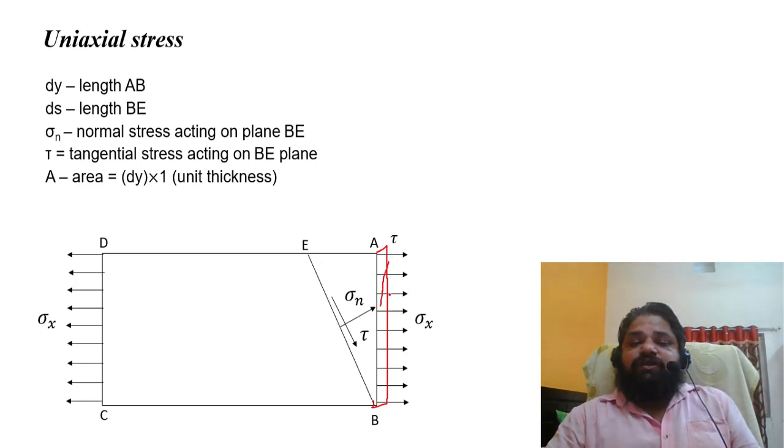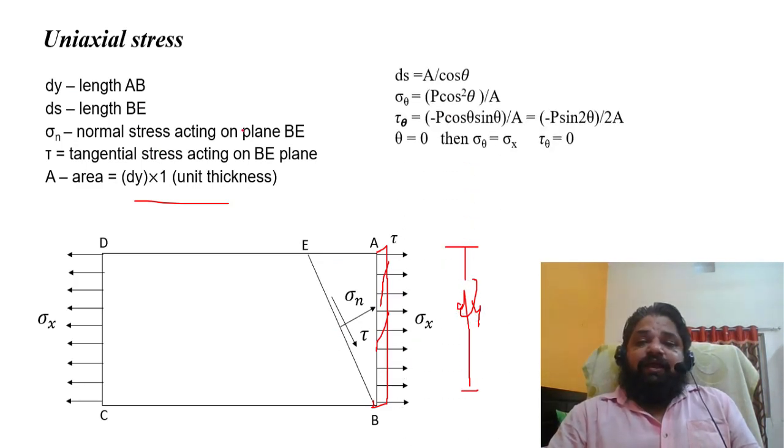Under this unit thickness, I just multiply dy, because this was the length I took as the dy part. From here to here it is dy, and whole length AB is dy. If I multiply by the unit thickness, then I can get the area.